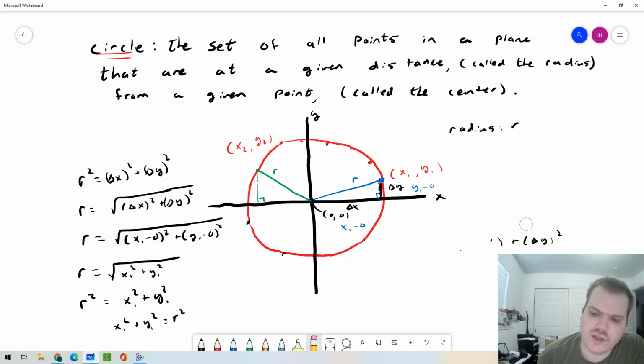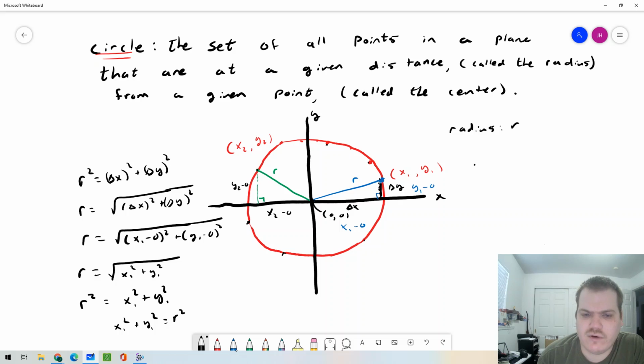So if I do the same thing with my point over here, it's still going to work for that point because the definition of this point is the same definition. It's going to be the distance from my center to my point over here. So I'm looking for this r. Now this r is the same distance, but what's this point? Well, it's going to be x2 minus 0, and this is going to be y2 minus 0.